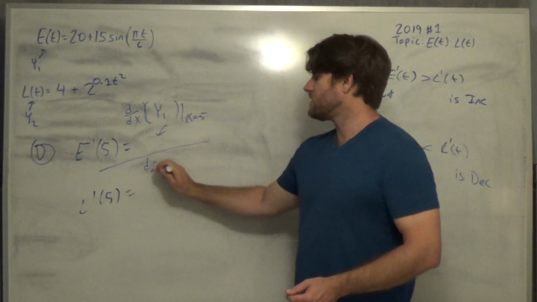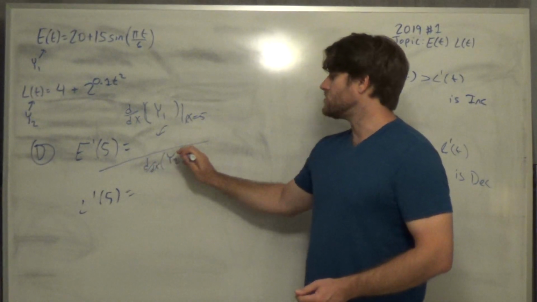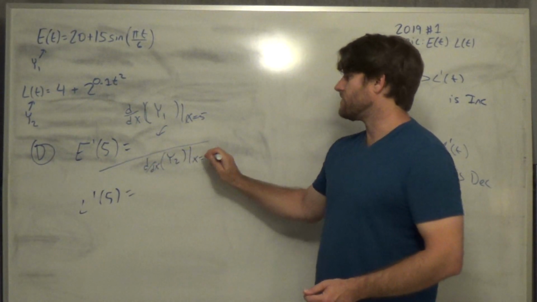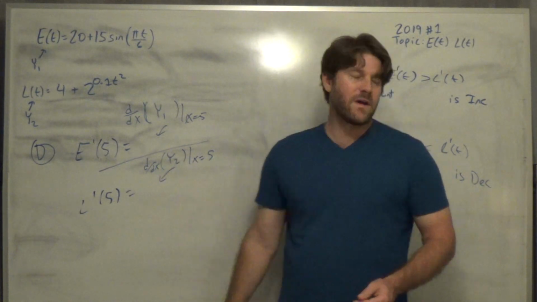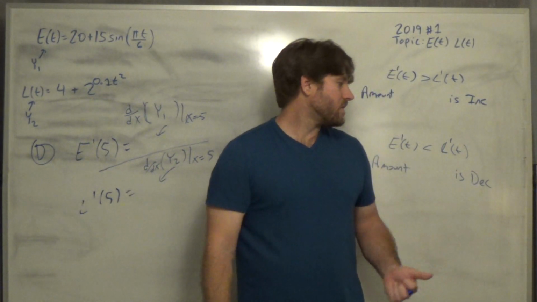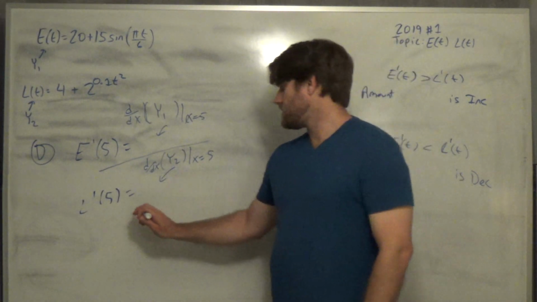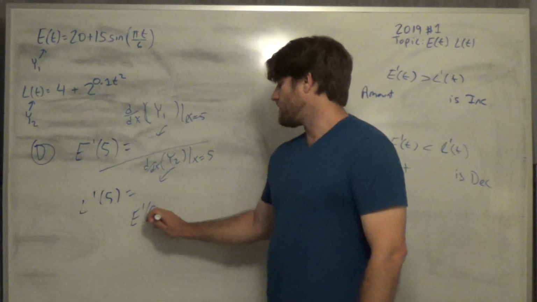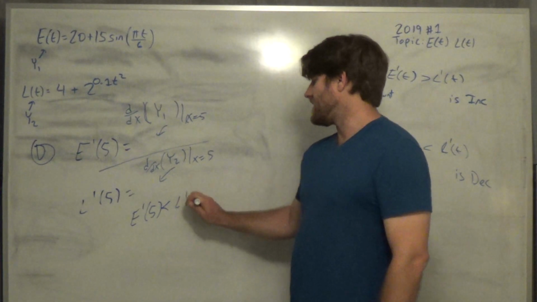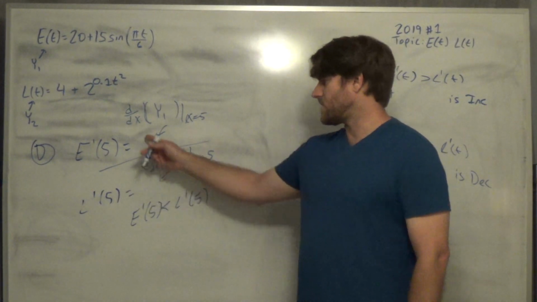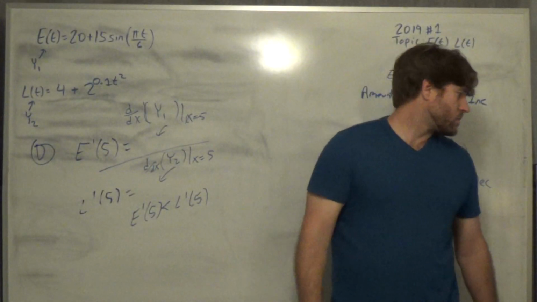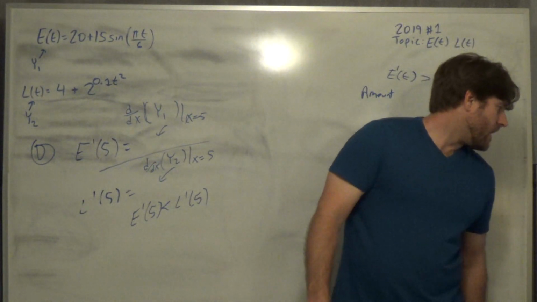I'm going to take the derivative of what's in Y2 and ask the calculator to plug in 5. And it's going to give me some other value. And if I compare them, you will see that E prime 5 is less than L prime 5. You can check those out, and that's which one's going to be greater right there.